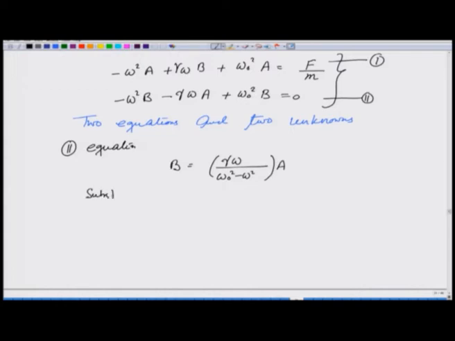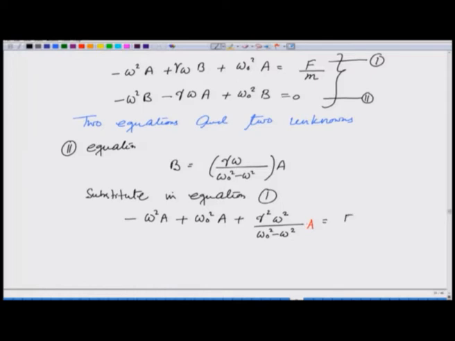So, substituting in equation 1, I am going to get minus omega square a plus omega naught square a plus gamma square omega square over omega 0 square minus omega square a equals f over m.